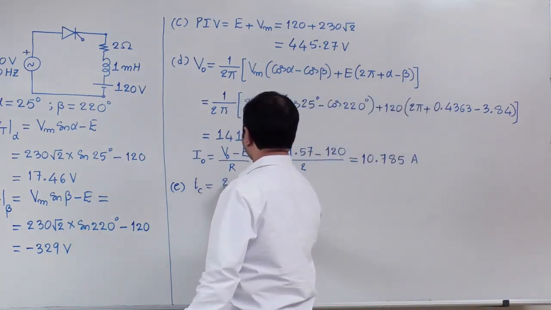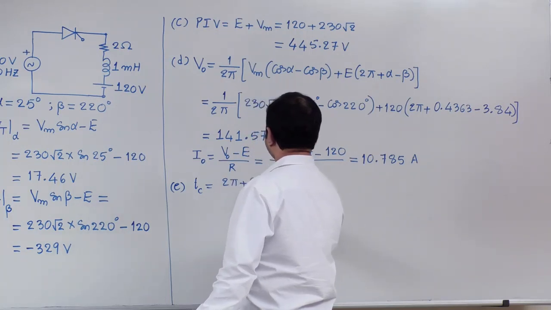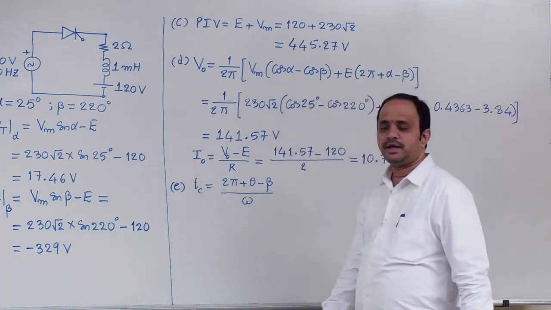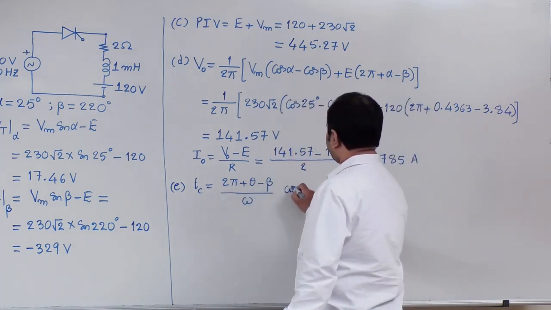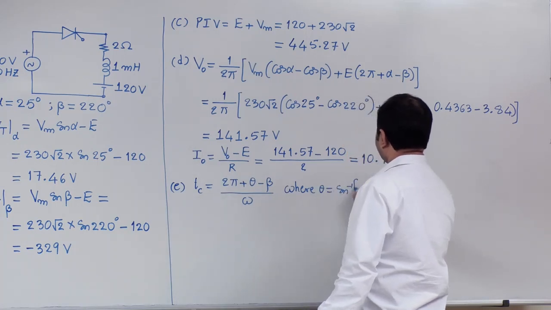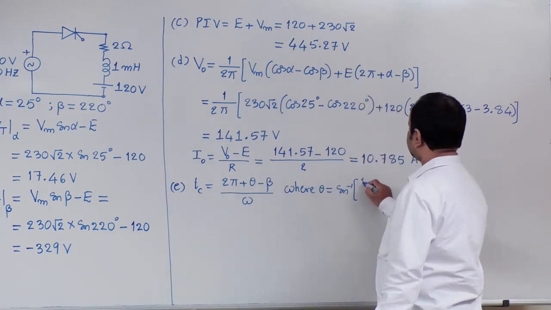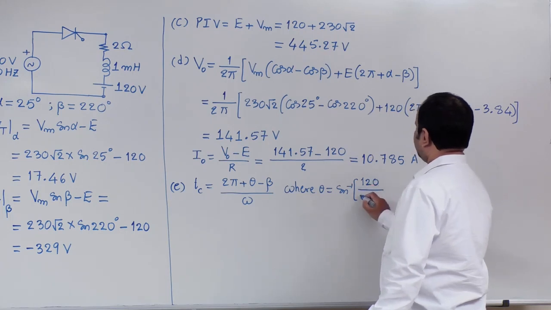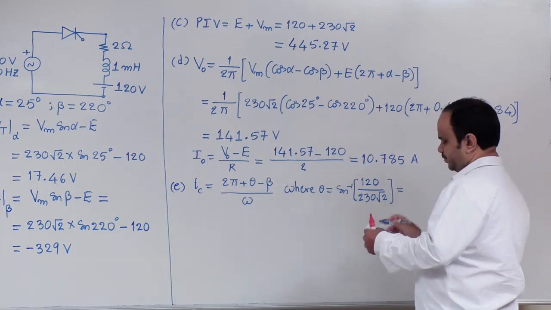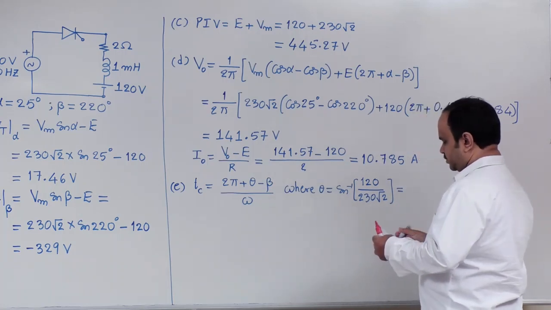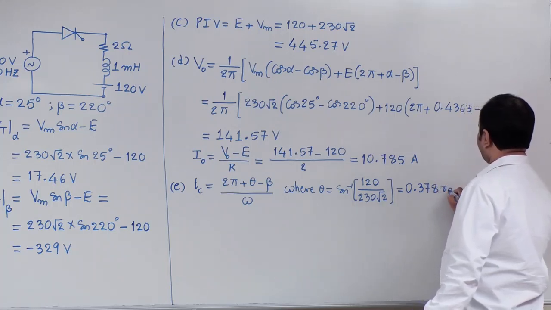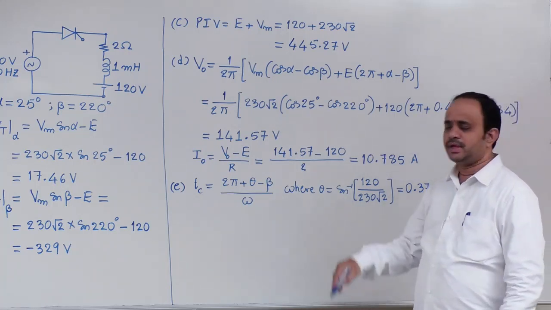Okay. Now, the last part of the question, that is circuit turn off time. Tc is equal to 2 pi plus theta minus beta divided by omega. In this calculation, what is the theta value? Theta is equal to sine inverse of 120 divided by 230 into root 2. This value is equal to 0.378 radian.